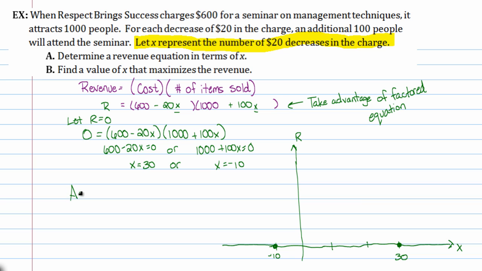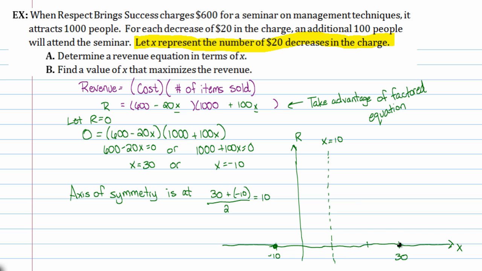So the axis of symmetry is at the average of those two numbers. Remember how an average works: you add the two numbers and divide by 2. 30 plus negative 10 is 20, divided by 2 is 10. So the average of those two numbers is 10. So in other words, halfway in between, at x equals 10, we have our vertex.